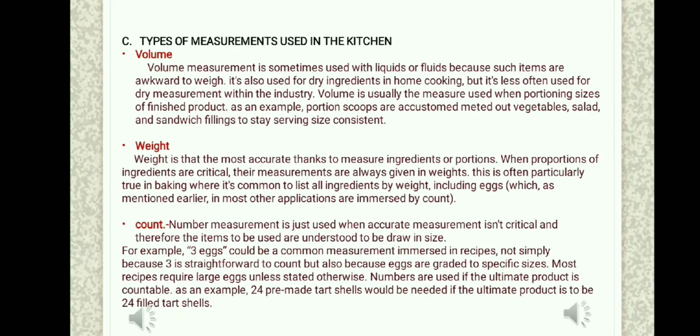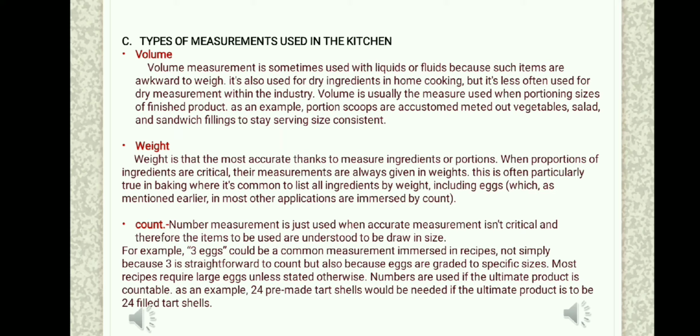So let's proceed to the types of measurement used in the kitchen. We are all familiar with this because we already do some cooking and food preparation. In every preparation, we must measure all the ingredients that we are going to use. First is volume.